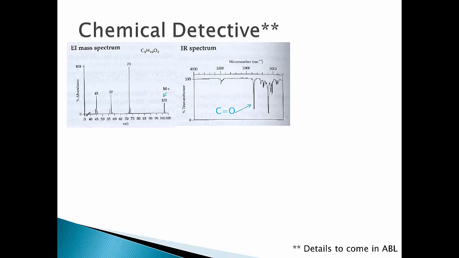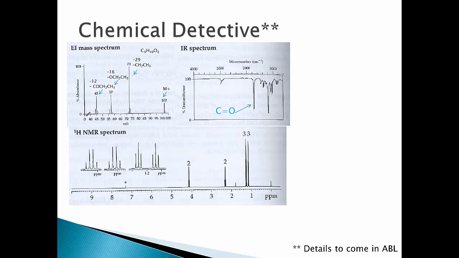You'll be given the mass of that compound. You will look at it and you'll go C5H10O2. Okay, what sort of things can break apart of it? You can see, okay, we've got a CH2CH3 that's broken off because it correlates to 29. You've got a 16. You've got a loss of another 12. So you can see what sort of molecules that are fractions that are breaking apart.